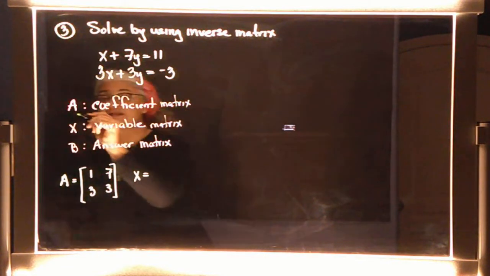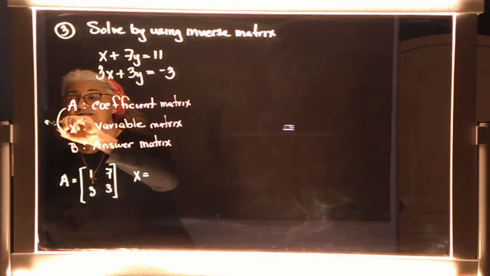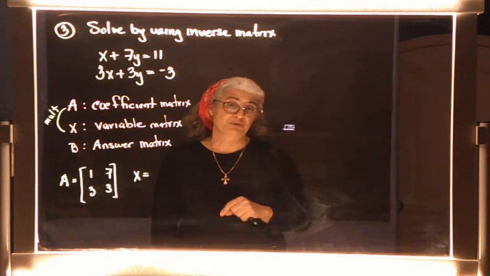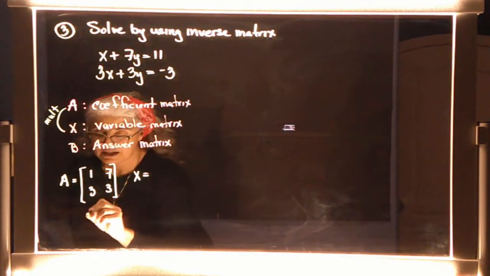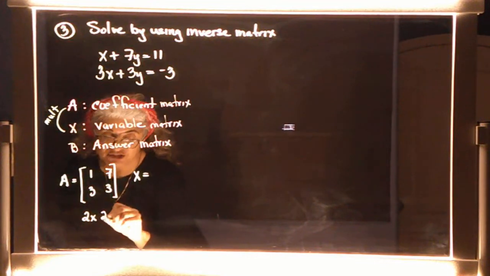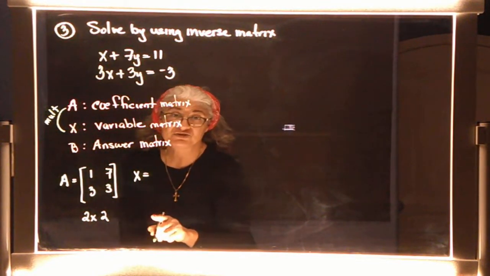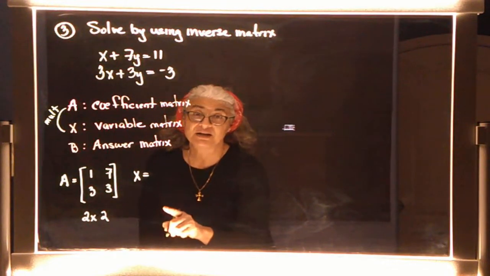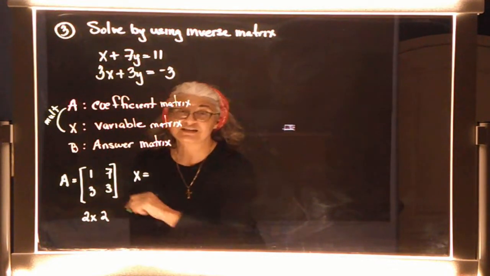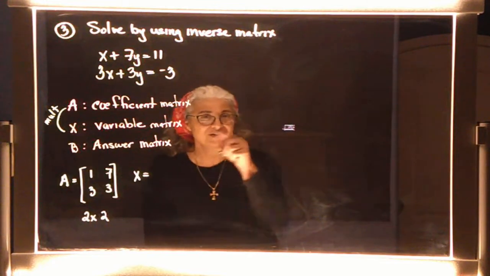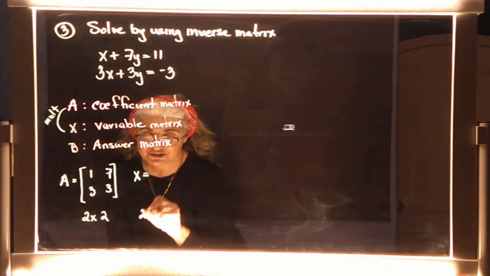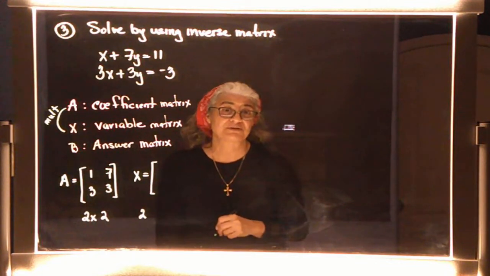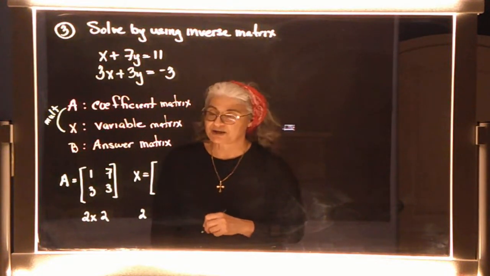Which means these two matrices need to be multiplied together. So I have to remember my rule for multiplication. If this is a 2 by 2 matrix, then this matrix X over here, the first number needs to be what number if I'm supposed to multiply these guys together? Good, some of you remembered. It's got to be a 2. Are you with me? Okay.